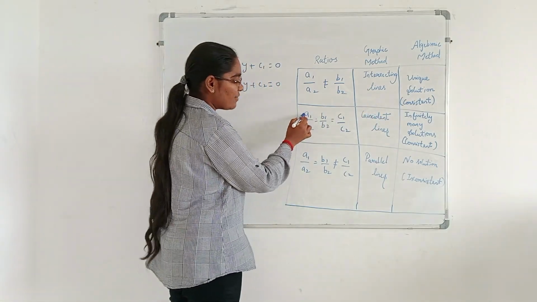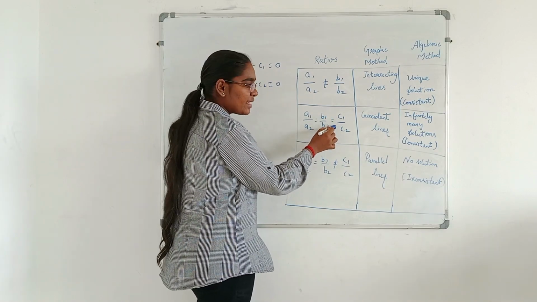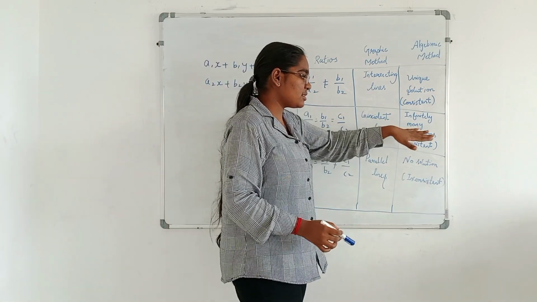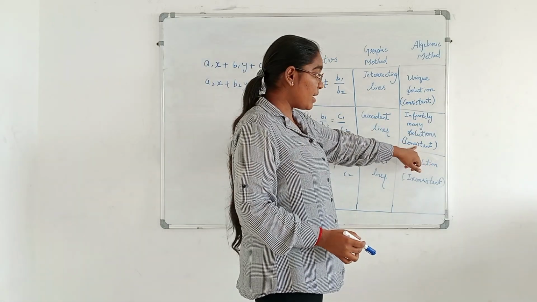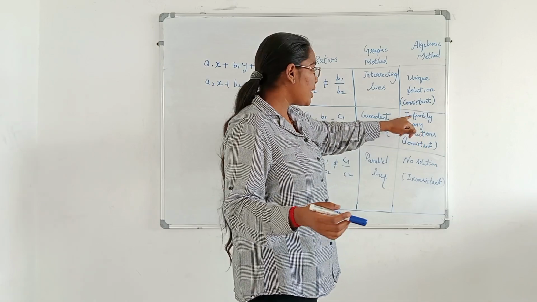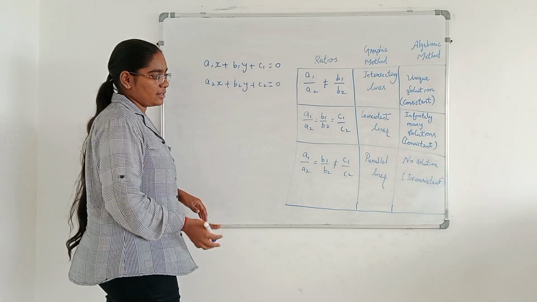Next, if a1 divided by a2 equal to b1 divided by b2 equal to c1 by c2, then the equations are consistent but have infinitely many solutions. So in the graphical method the lines will be coincident lines.